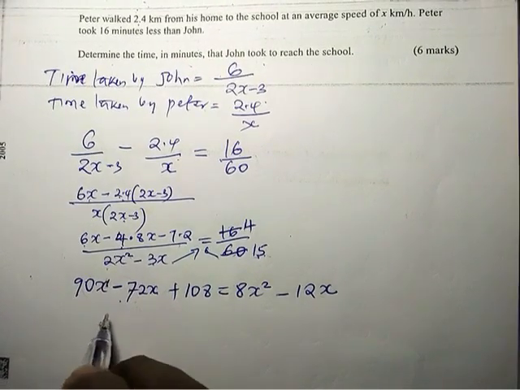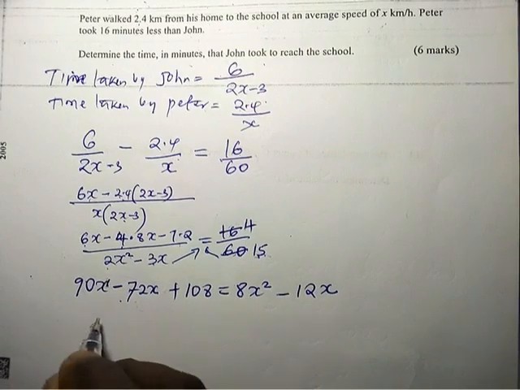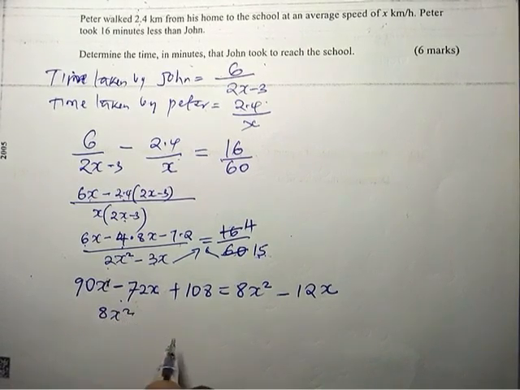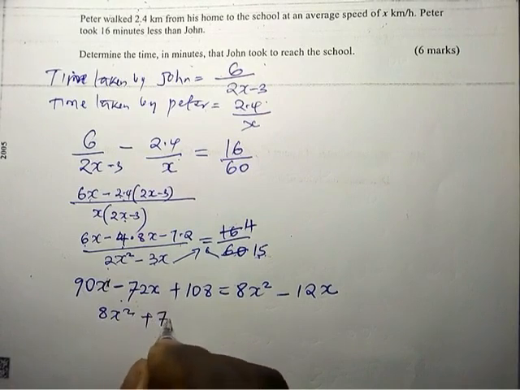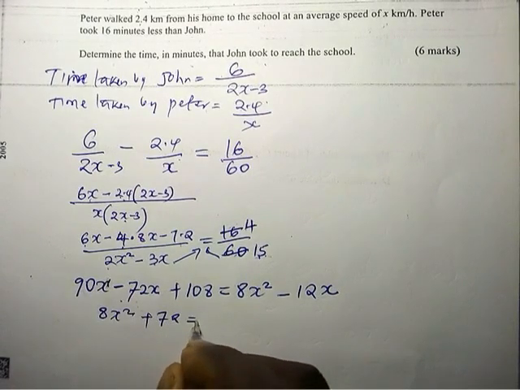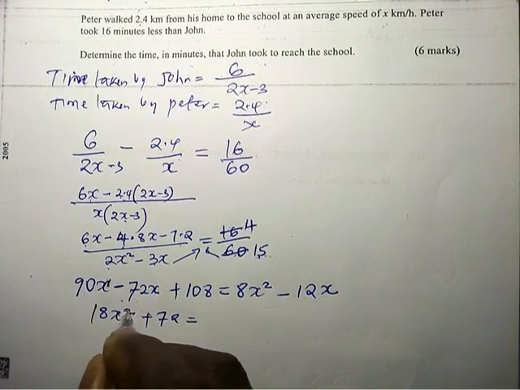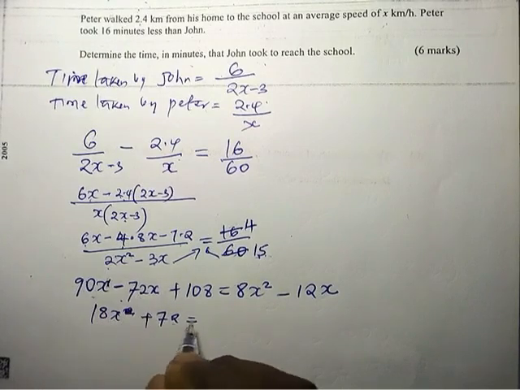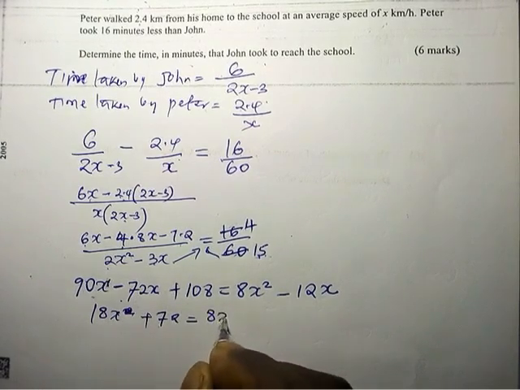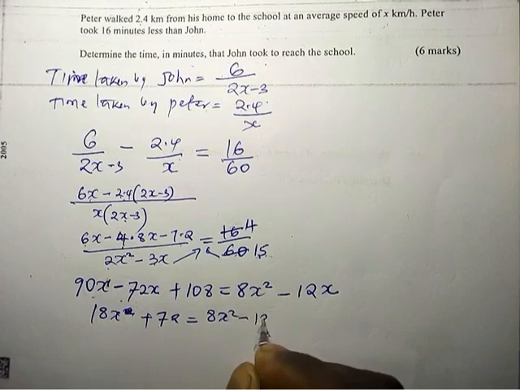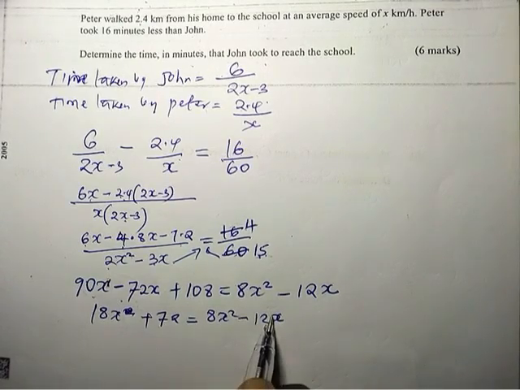We are going to have 90x minus 72x plus 108 is going to be 8x squared minus 12x. Let us write terms together again.